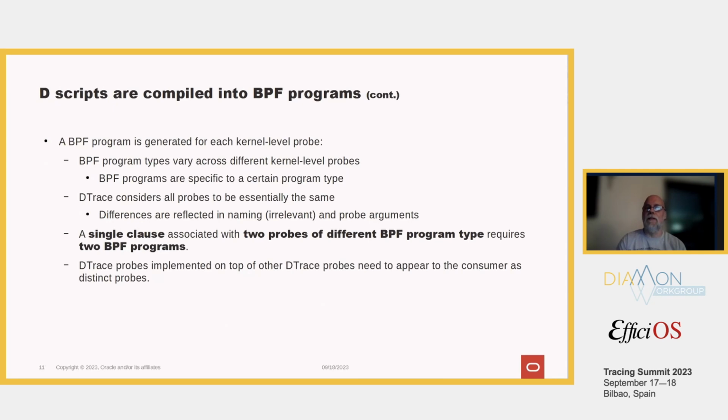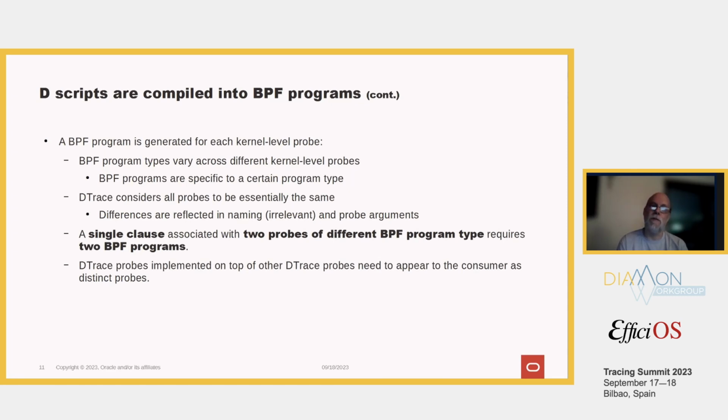So obviously with BPF and probing, a program is being attached to a kernel level probe. So we have to play with that a little bit because in BPF, as you probably know, there are different program types. Specific kinds of probes have specific program types and they have their own context associated with them.